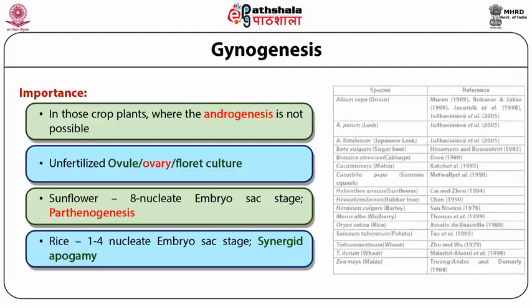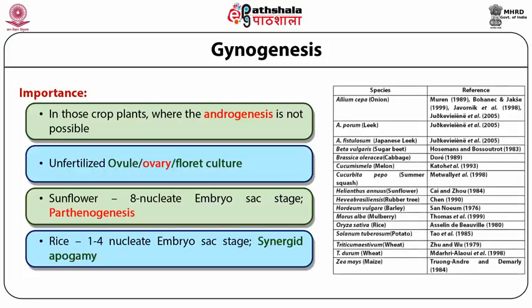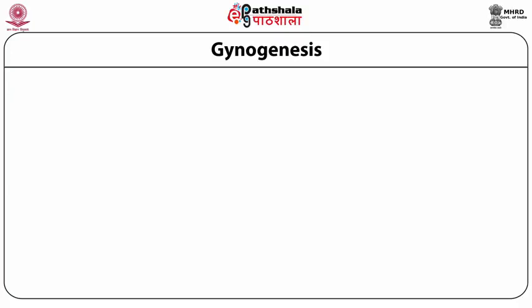The first discovery of gynogenesis was made in 1974 by San Noeum in barley. And today we have about 25 species of plants, including major crop plants, where gynogenesis has been possible.